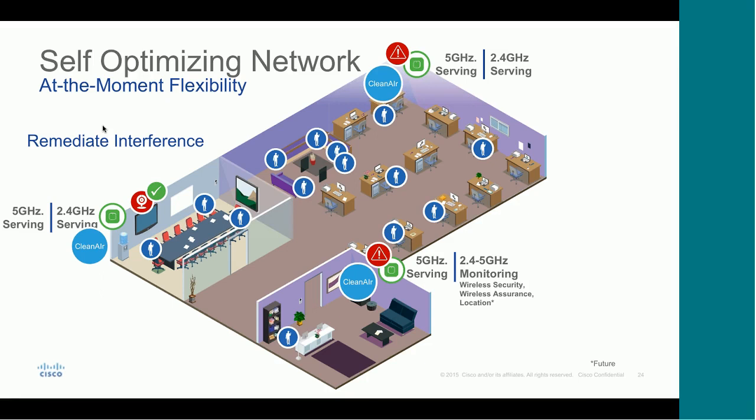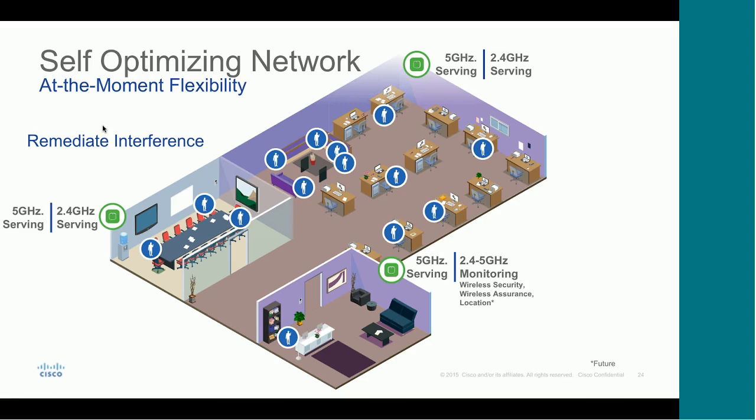So we talked a little bit, and I don't know if I highlighted too much, about flexible radio assignments. And really, this is one of the really neat features of the Cisco wireless portfolio. It allows the intuitive network to dynamically convert from 2.4 gigahertz to 5 gigahertz for extra capacity when needed.